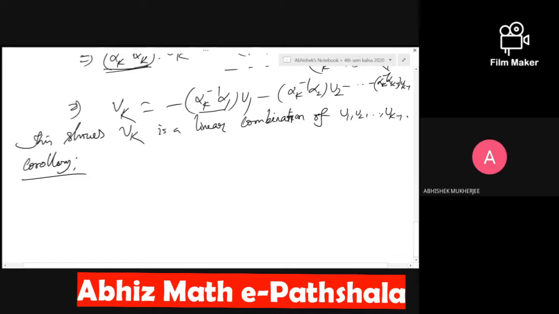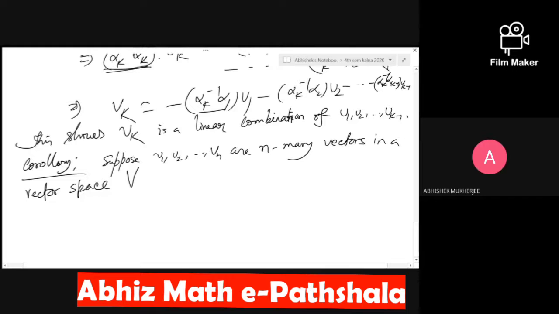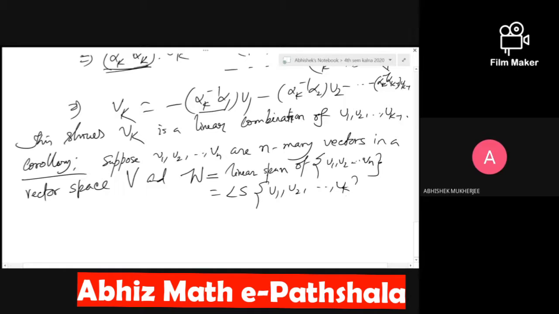The corollary says that if we assume n many vectors, suppose b1, b2, bn are n many vectors in a vector space V, and W has been defined as the linear span of the vectors v1, v2, vn. That means it is LS of v1, v2, vn.